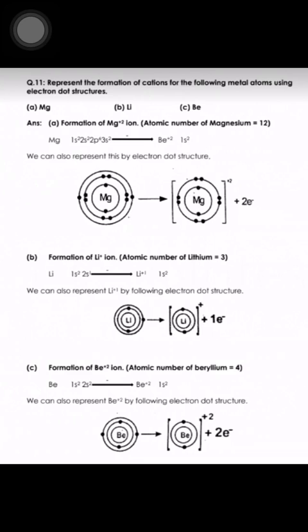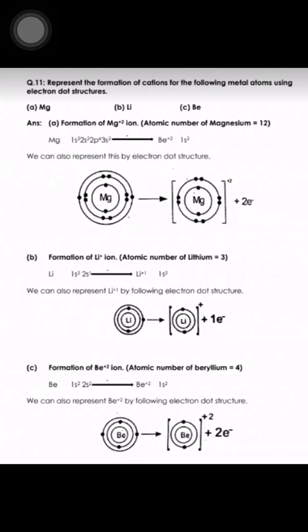Now we will discuss question number 11. Here we have to form cations using electron dot structure. When we are talking about electron dot structure, that means we have to form their electronic shells. When we are talking about magnesium, we already did it during our class, but we will discuss it again. Magnesium has 2 electrons in the outermost shell and it will release these 2 electrons to form its cation.